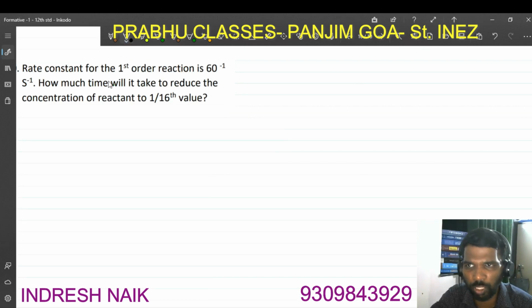See, in this question they have asked 1/16th. Another possibility is that the question could be modified to ask about the 1/16th life, but let's do that later. First, we'll understand this question. You are told the rate constant is given, and you have to find the time to reduce the concentration of reactant to 1/16.